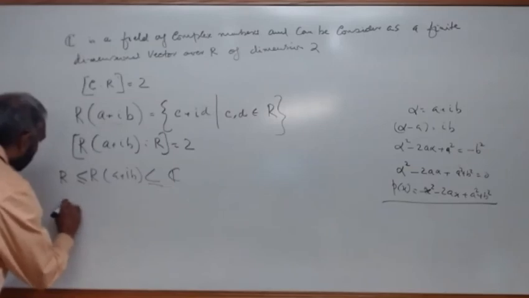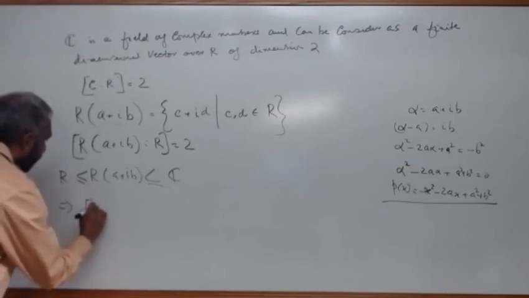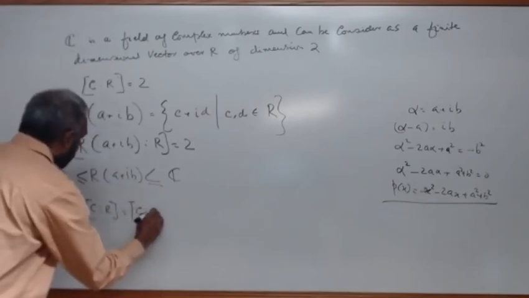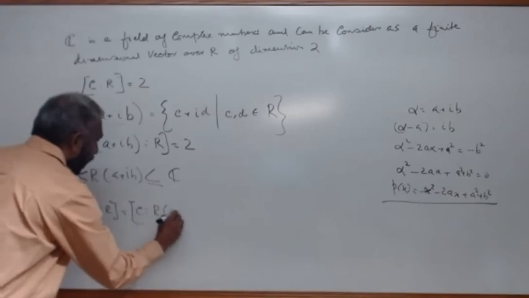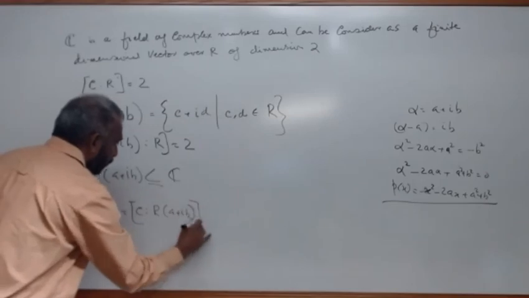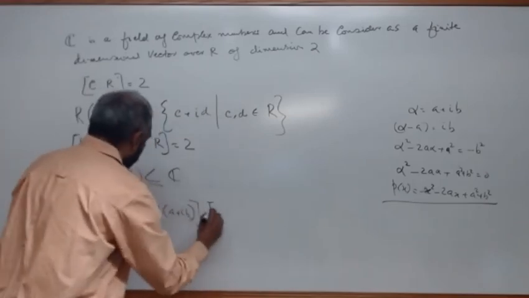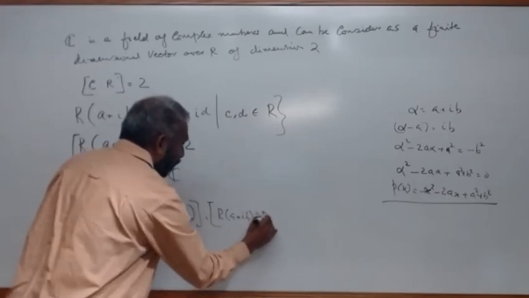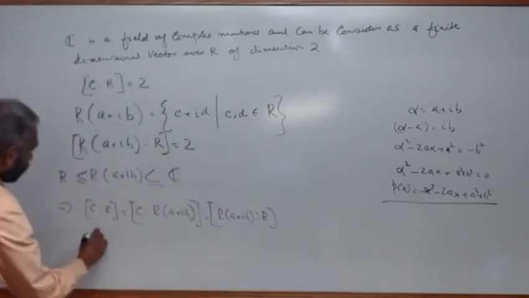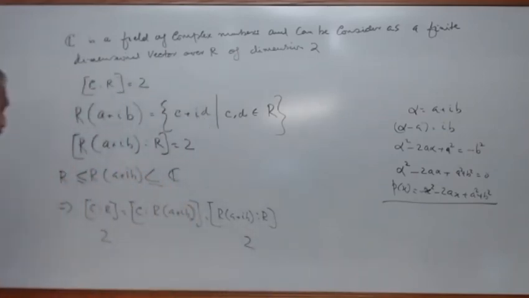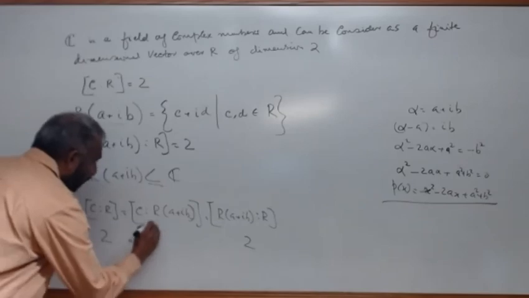This means that the degree of C over R is equal to the degree of C over R(a plus ib) times the degree of R(a plus ib) over R. This is 2 and this is also 2. So that means this has to be 1.